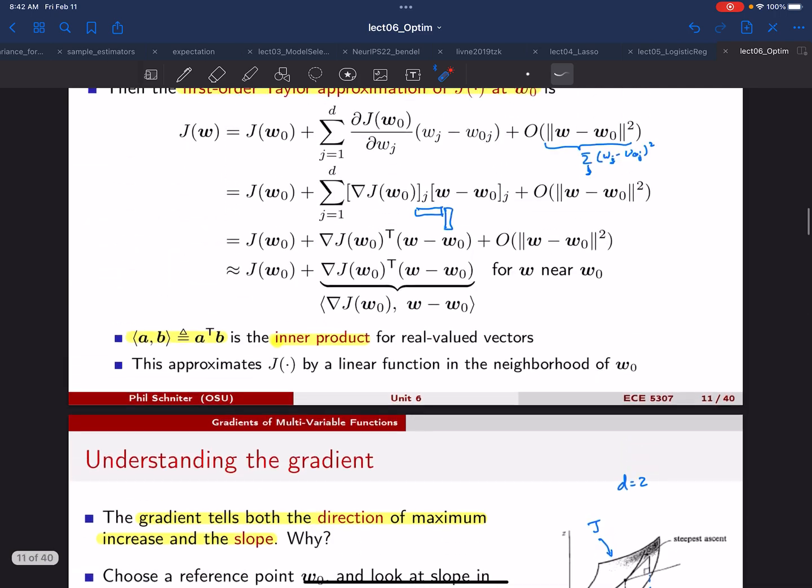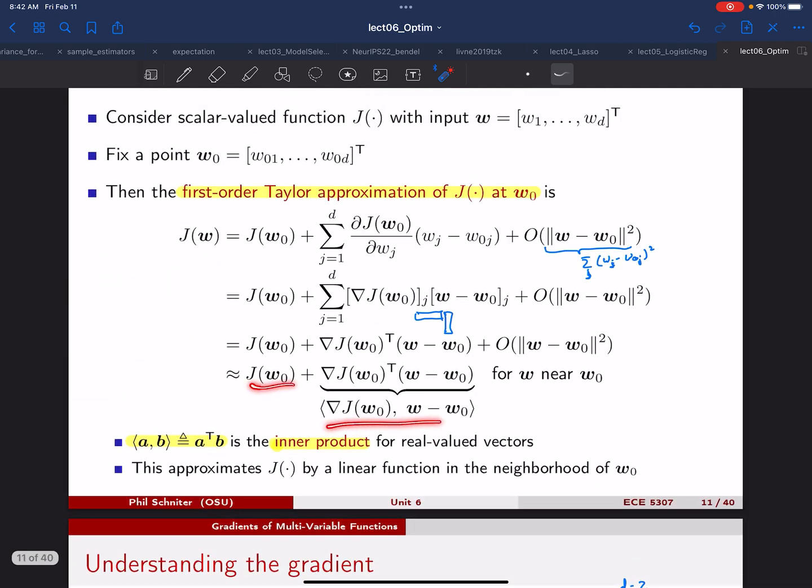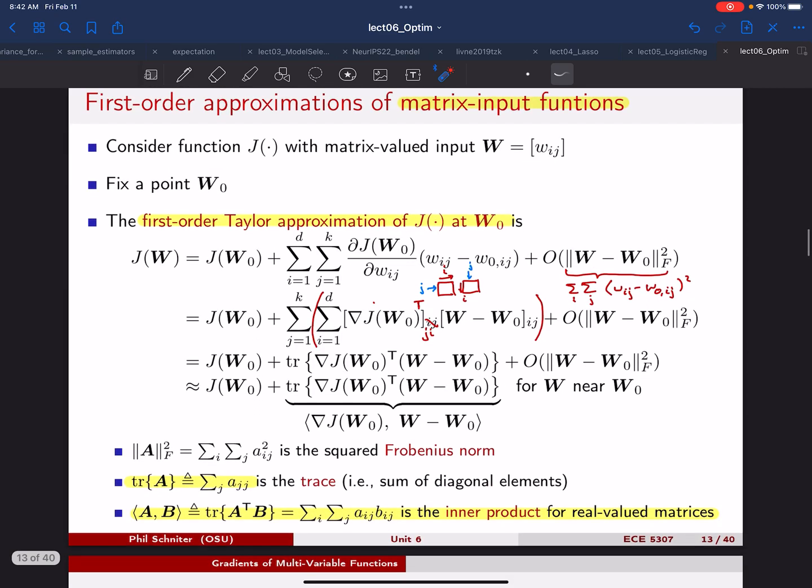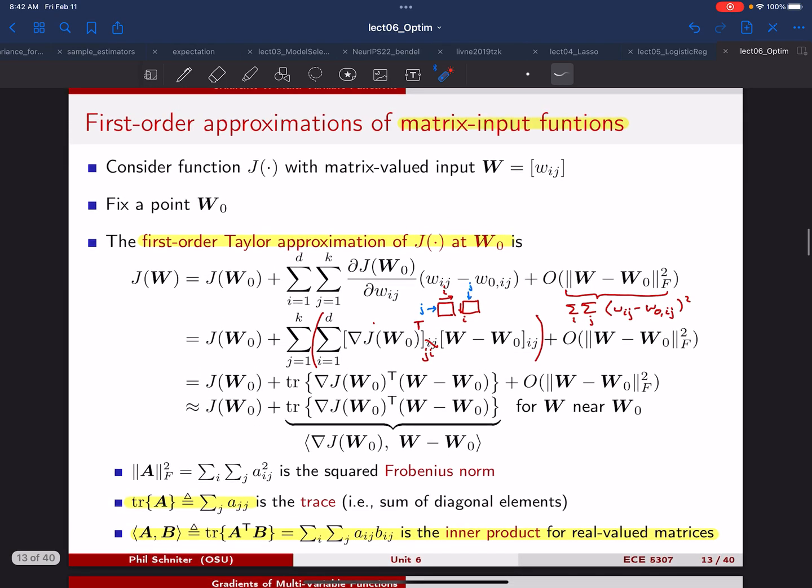We saw exactly the same form here. It's just that the inner product adjusts to the shape of the matrix you're working with, but otherwise it's always the same. These kinds of approximations are useful anytime you are dealing with a matrix of parameters, like we saw in multinomial logistic regression or linear regression with multiple targets.